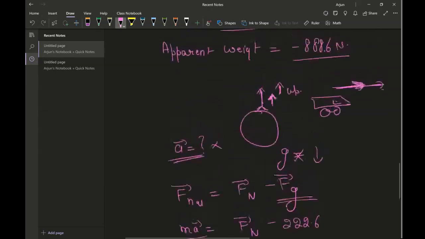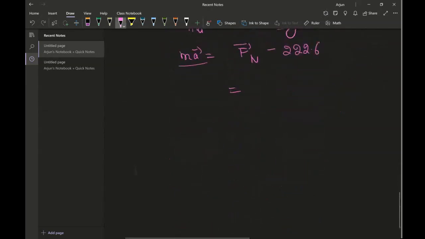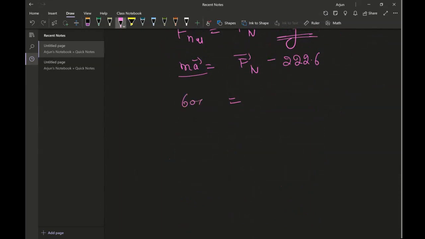Let's say the acceleration this time is a random number, 6 meters per second squared. So this will be 60 times 6 equals Fn minus 222.6, then 360 equals Fn minus 222.6.